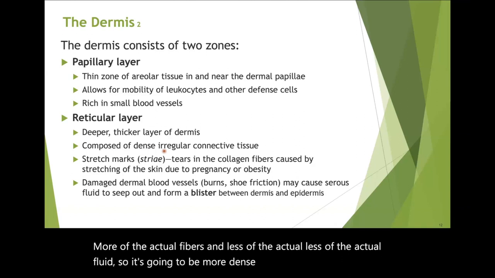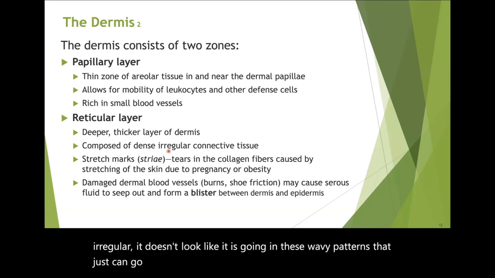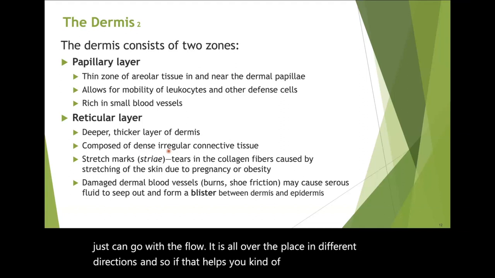And what makes it irregular is that it doesn't go in wavy patterns that just go with the flow. It is all over the place in different directions. I hope that helps you identify it.